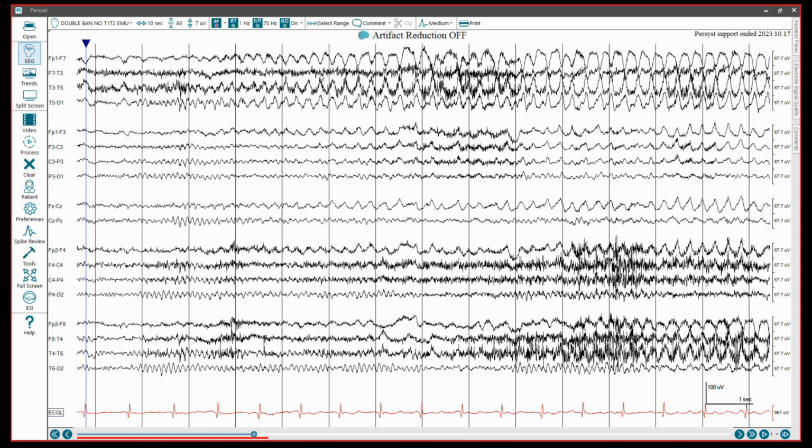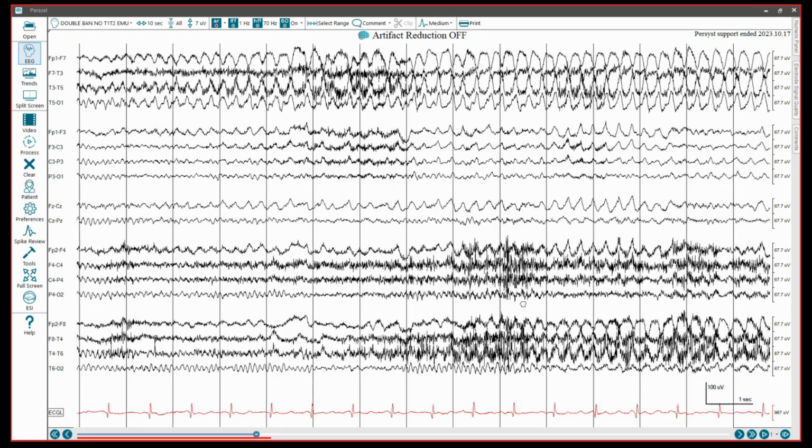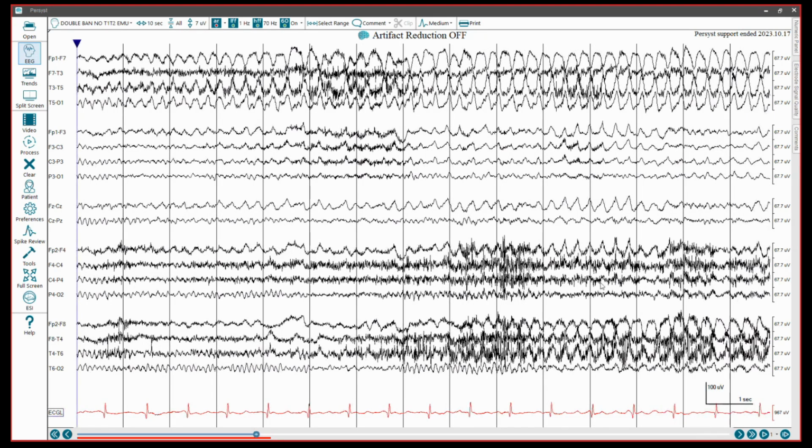So if the patient was able to talk, converse, and recall objects during such a seizure as we see here, we could infer that their dominant hemisphere is over the right because they were still able to function within those parameters.